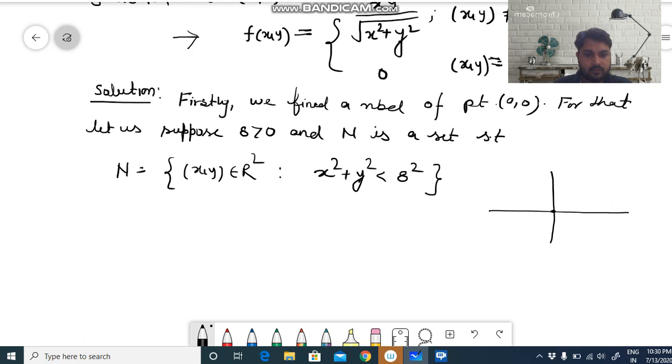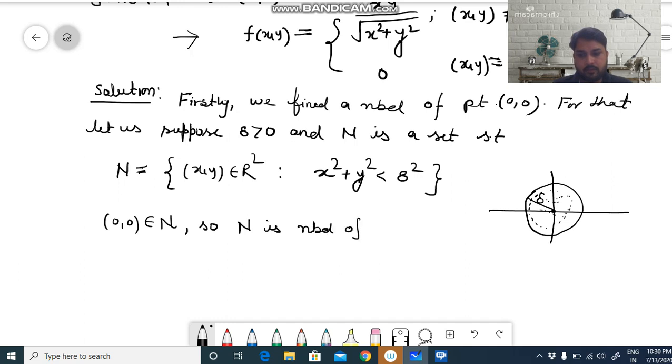If we take this as a center and construct a circle of radius small delta, all these points which lie inside this disk are contained in the capital N. So because (0,0) belongs to capital N, here capital N is a neighborhood of point (0,0).